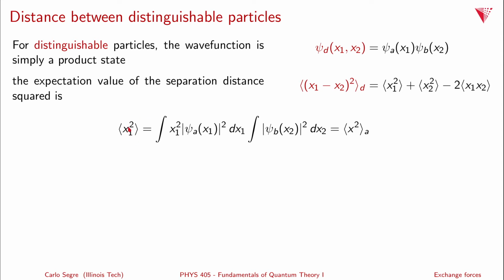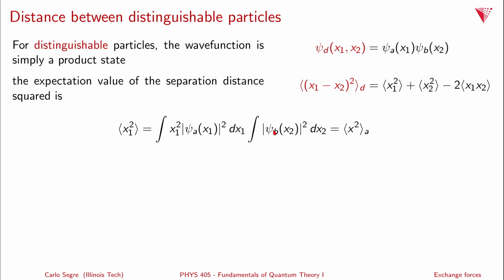So x1 squared expectation value is equal to the integral of x1 squared times the modulus squared of psi A of x1 dx1, times the integral of the modulus squared of psi B of x2 dx2. Since psi A and psi B are independent because they're independent coordinate systems, the x1 squared appears only in the one integral.